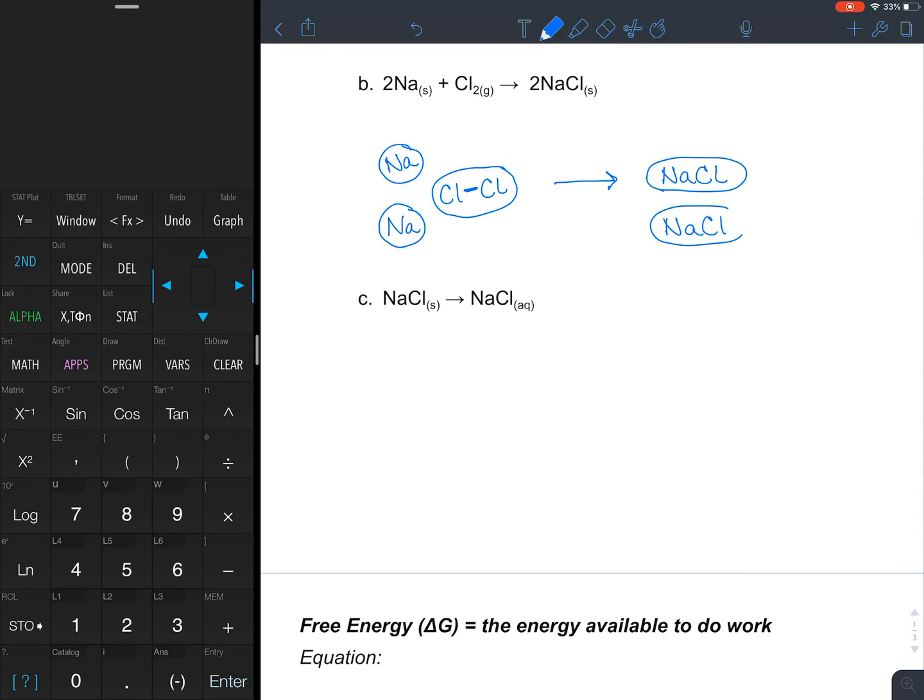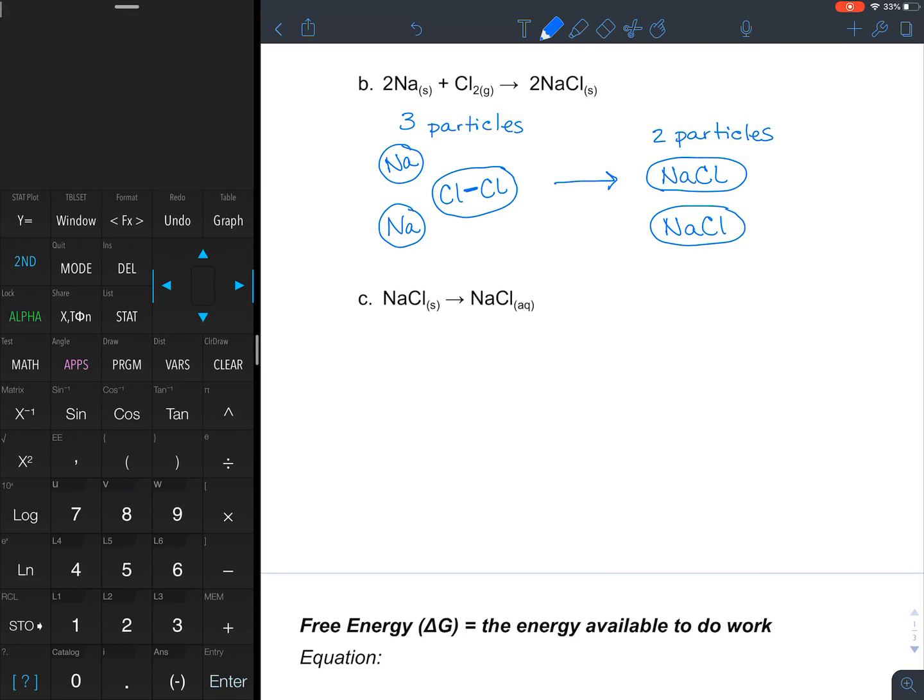And the question is, does this increase or decrease the entropy? So is it more or less random or disorderly? And so in this case, we go from 3 particles, okay, so 3 particles or pieces, down to 2 particles.